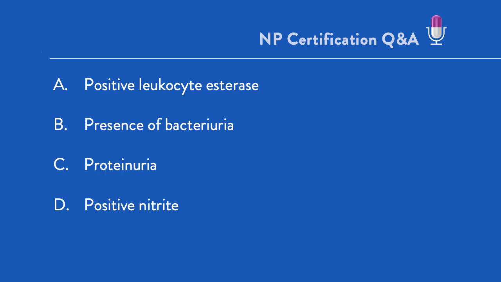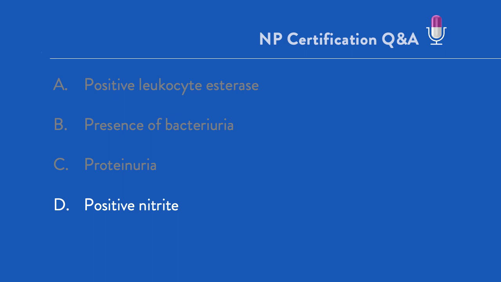So far, the leukocyte esterase, the bacteriuria, and the proteinuria, yes, all of those can be found in UTI, but they can be found in a variety of other conditions as well. Well, we're down to just one response, D, positive nitrite, and that, of course, is the correct answer.